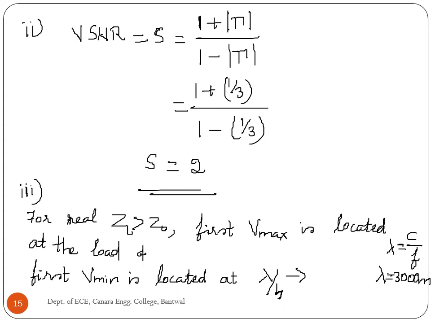Therefore, lambda by 4 is 3000 meter divided by 4, which is equal to 750 meter.